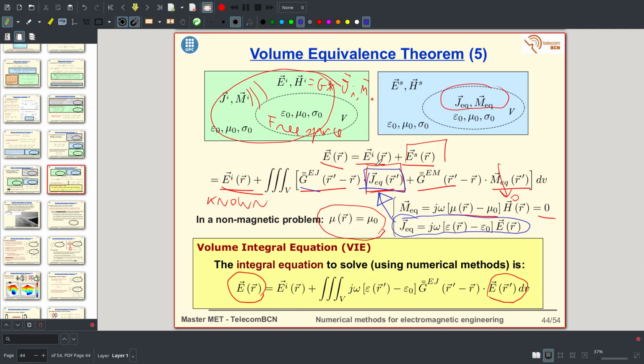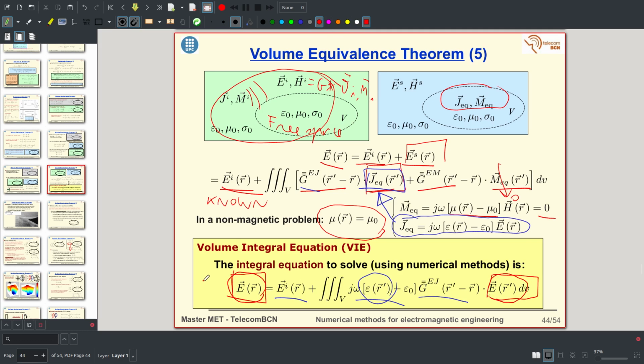Then we have the convolution of the unknown with some Green's function that is known, and a factor that includes the information of the object, as I said before. This is known, plus a term that is also known. So everything is known here except the electric field E, which is the unknown of the problem.